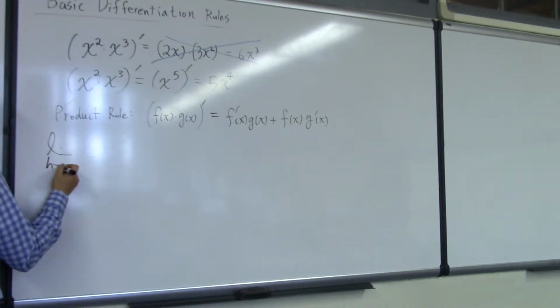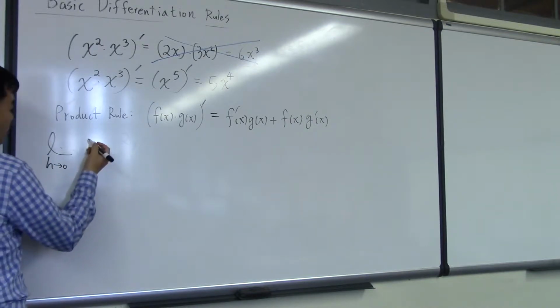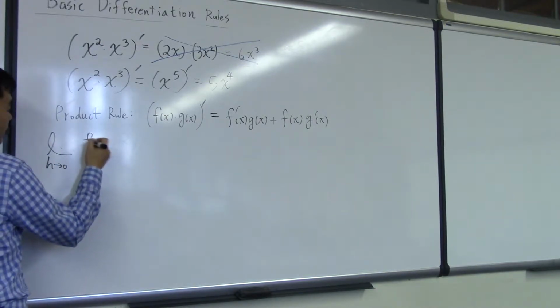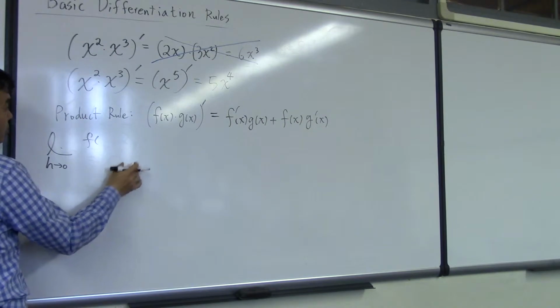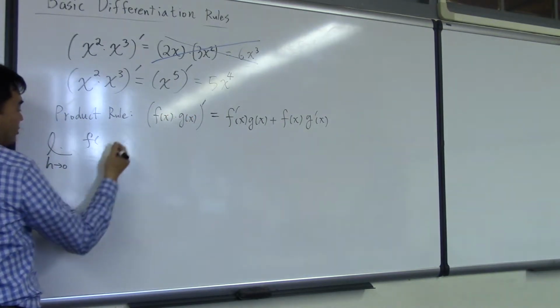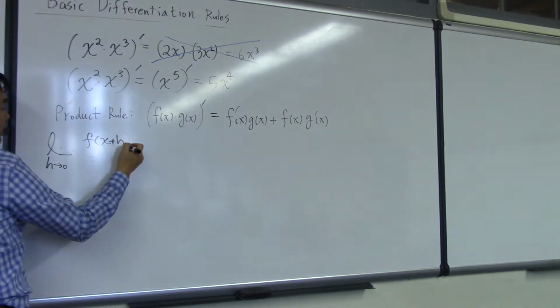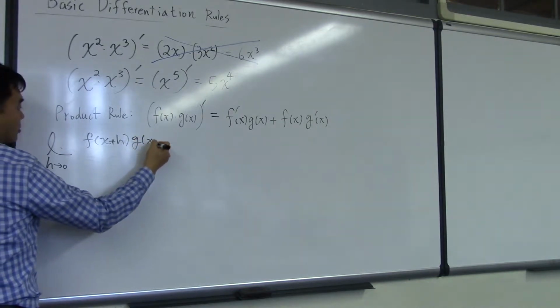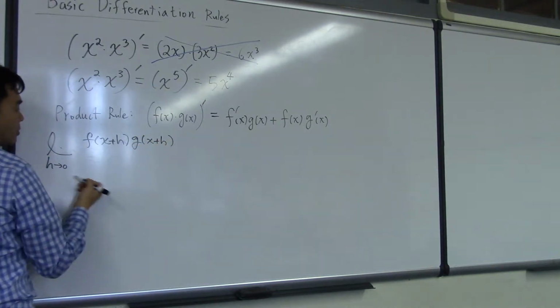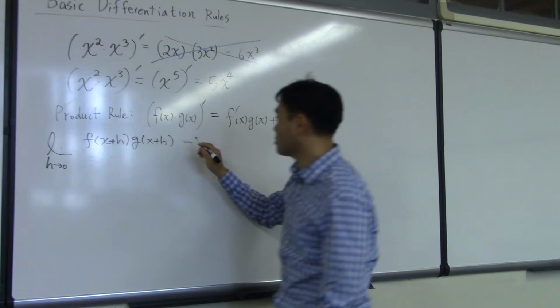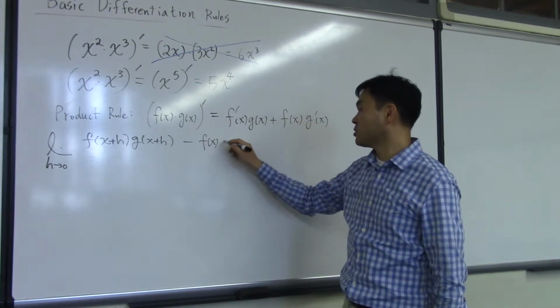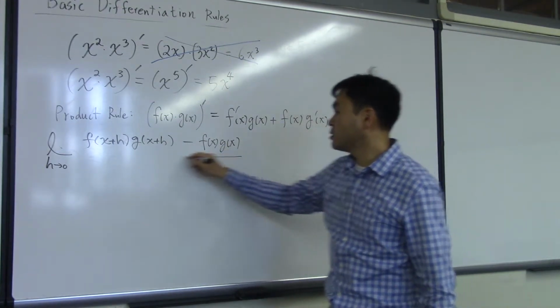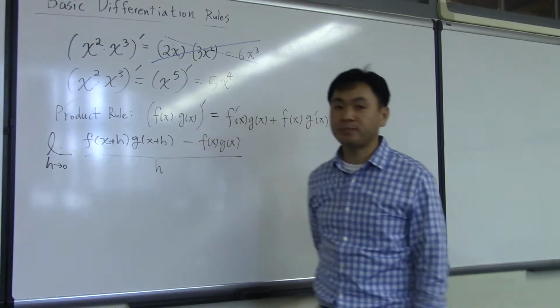Limit h going to 0 of f of, well, prime means you have to replace x by x plus h, so I'm going to replace x by x plus h, minus the original function, f x times g x, divided by h.